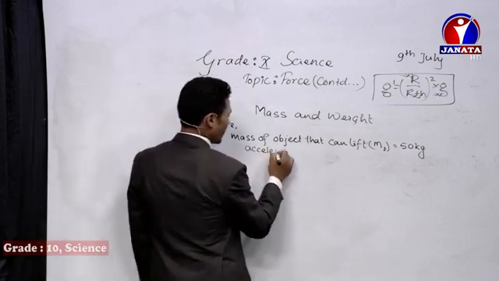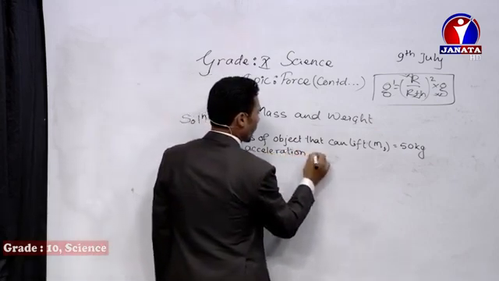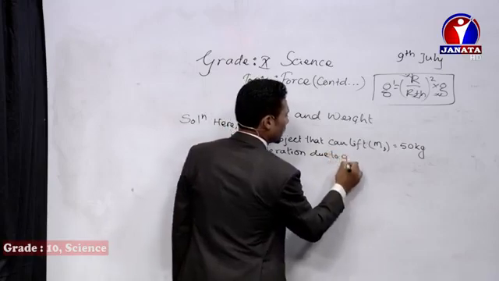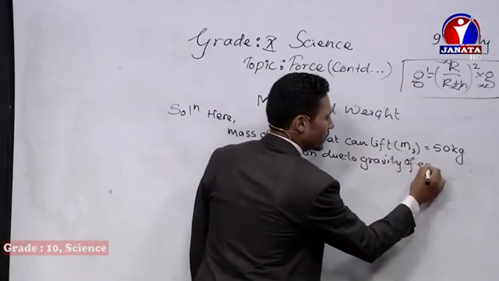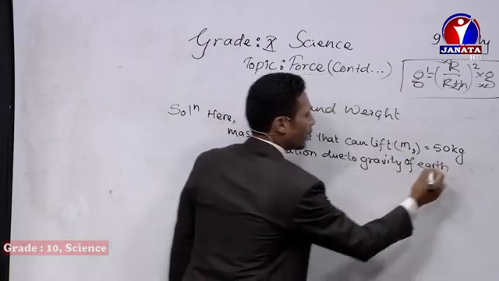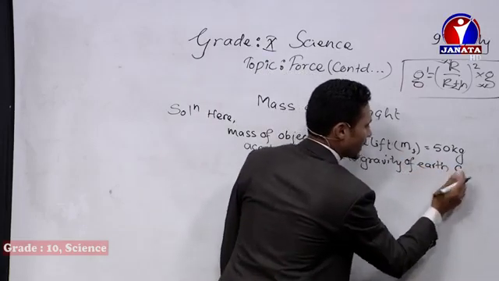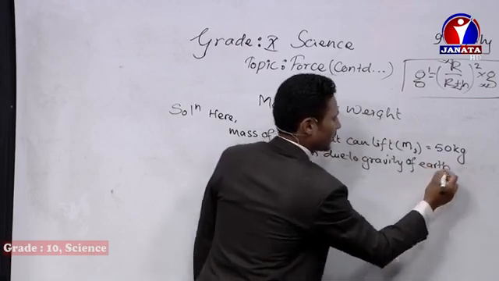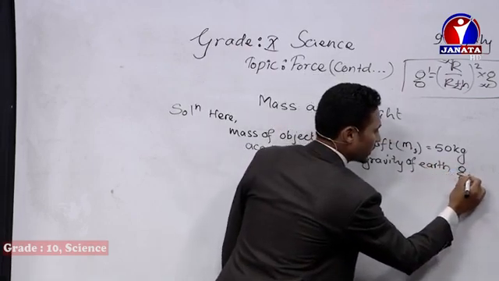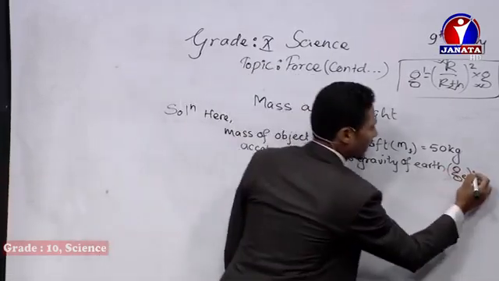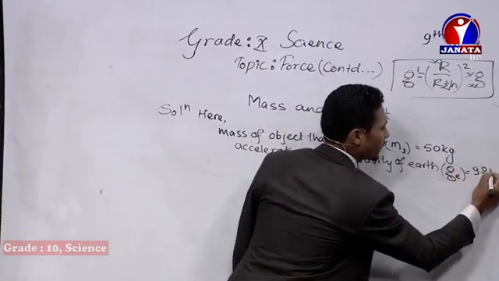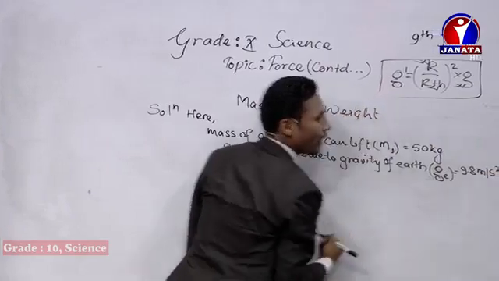So the acceleration due to gravity of earth, let's say this is g_e, is 9.8 meter per second square.